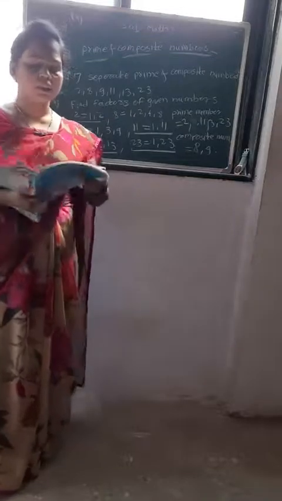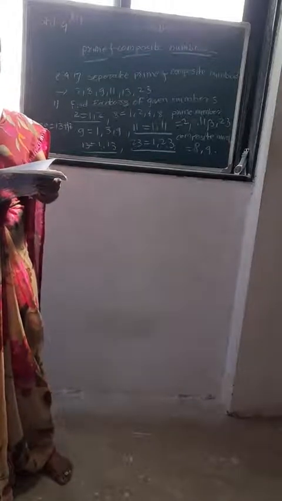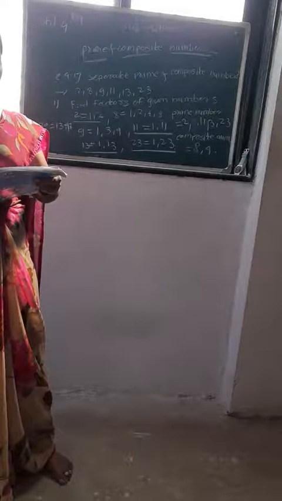Third example is to solve and find whether the answer is prime or composite. First step is subtract 16 from 25. Difference is 9. Then find the factors of 9.